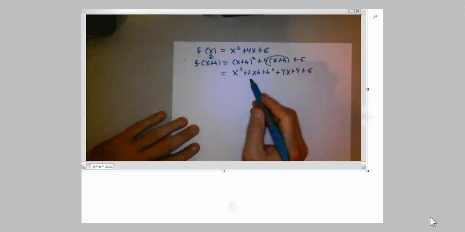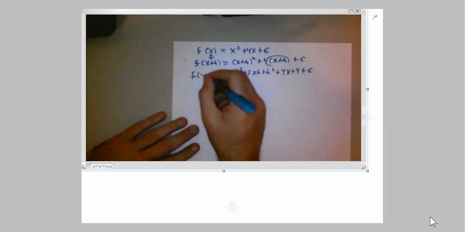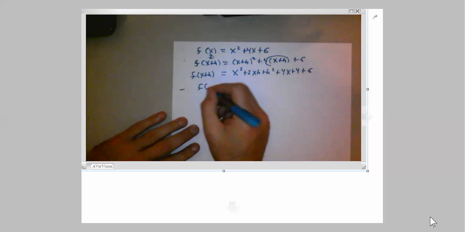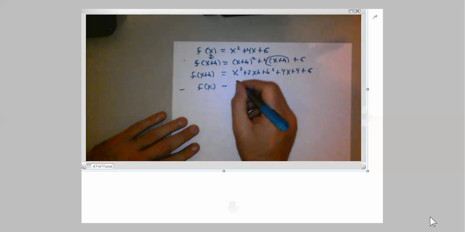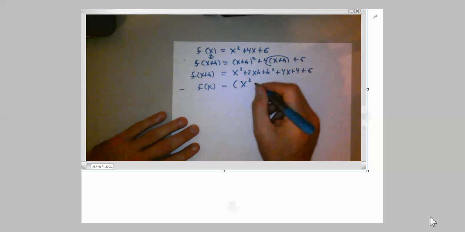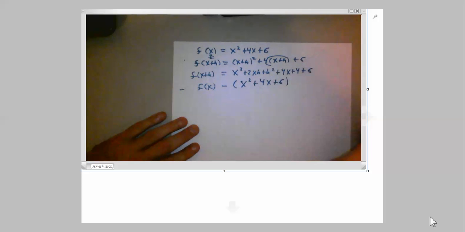So this is f of x plus h, and what I'm going to do is I'm going to subtract f of x. So I'm going to do minus x squared plus 4x plus 6, right?